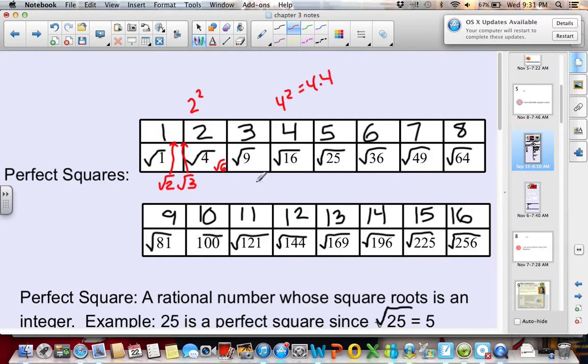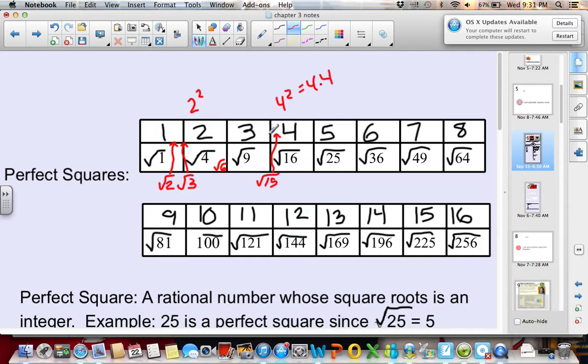So it's asking us to find the square root of 15. Well, I know that 15 is super close to 16. It's actually 1 less than 16. So the square root of 15 is going to fall super, super close to the square root of 16, also telling us that it's going to be super close to 4. Okay? It's not 4.